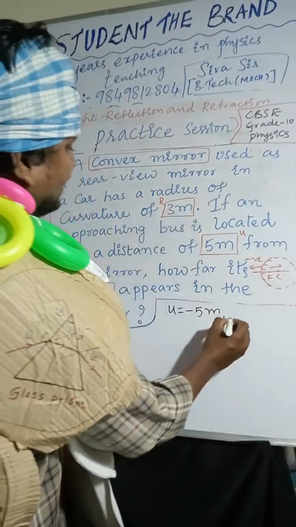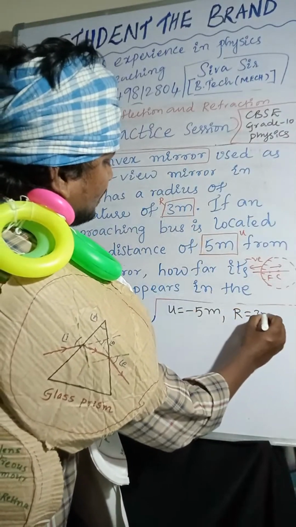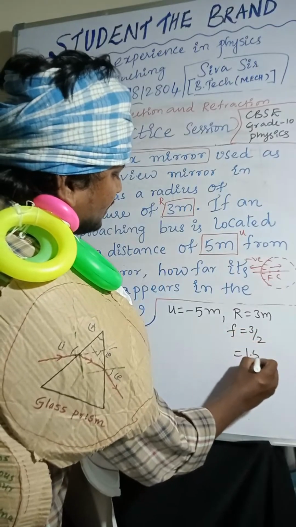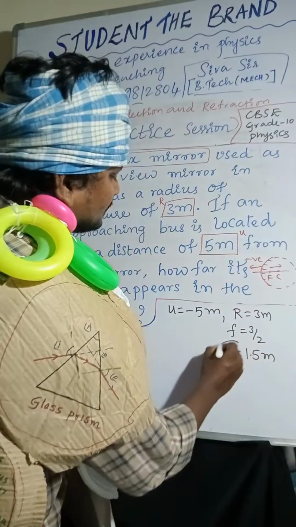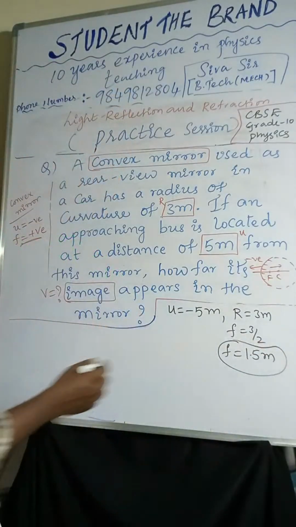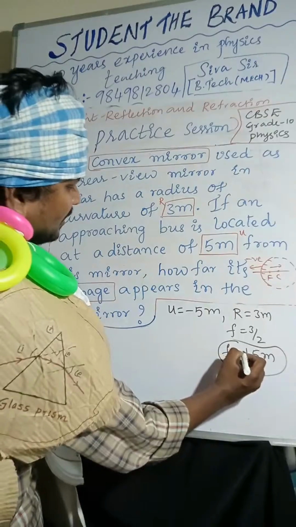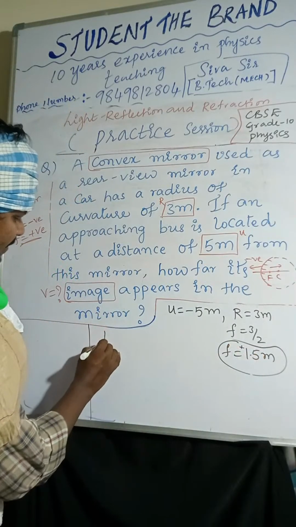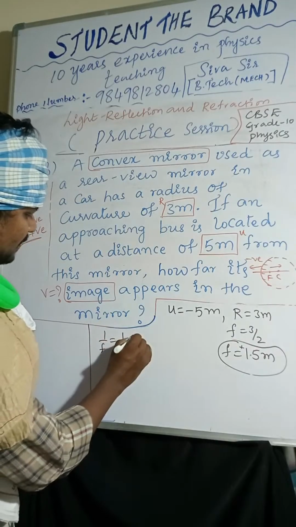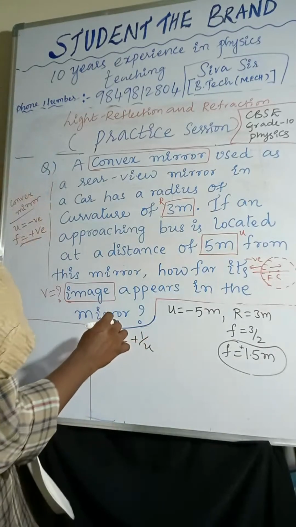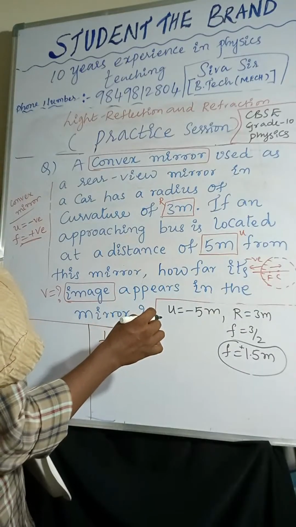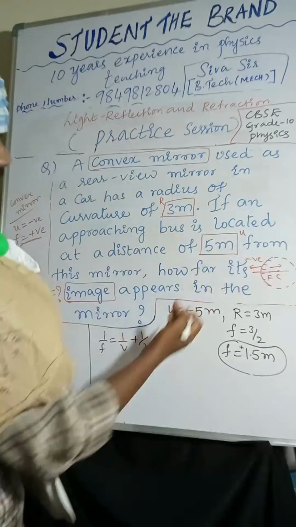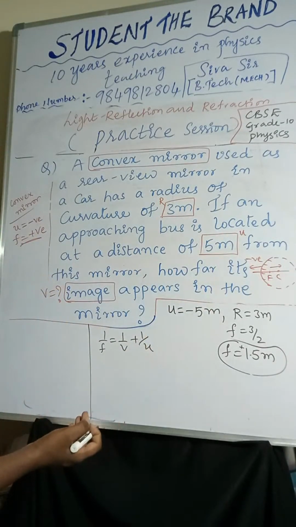Radius of curvature is given as 3 meter, so focal length is 3 by 2, that is 1.5 meter. We know two values, and focal length is positive, so you don't need to do anything. Mirror formula: 1 by f equals 1 by v plus 1 by u. We have to find the image distance, since the object distance, the bus, is already given.